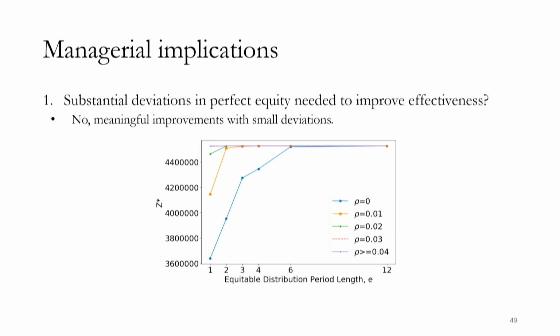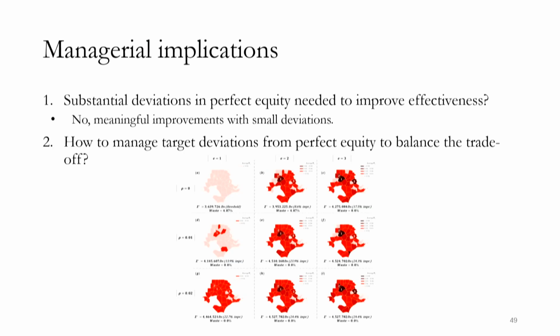The first one was, do we need substantial deviations from equity? And the answer is no. We actually found that even if we make very small deviations in equity, we can achieve very meaningful improvements in food waste. Then we asked, how should those target deviations be managed across the network?